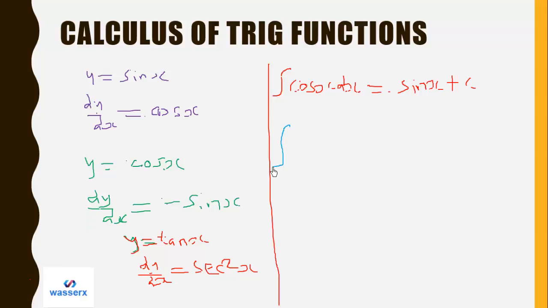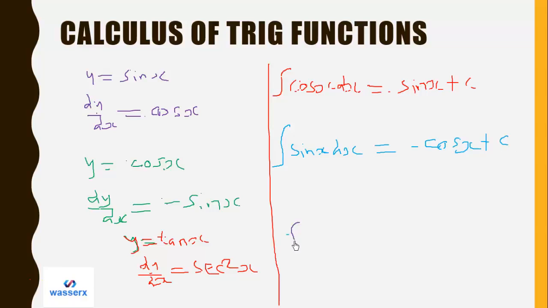Now the integral of sin x, it means what did we differentiate to get sin x? The only thing we differentiated to get something similar to sin x is cos x, so it is the negative of this. If you divide through by the negative, it will affect the result, which is negative cos x. So if you integrate sin x, we get negative cos x plus c.